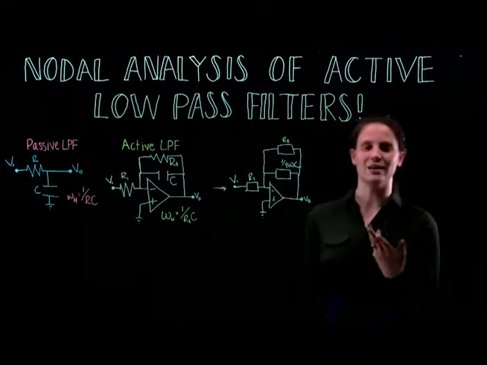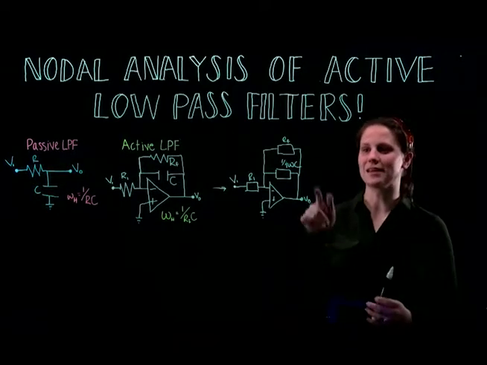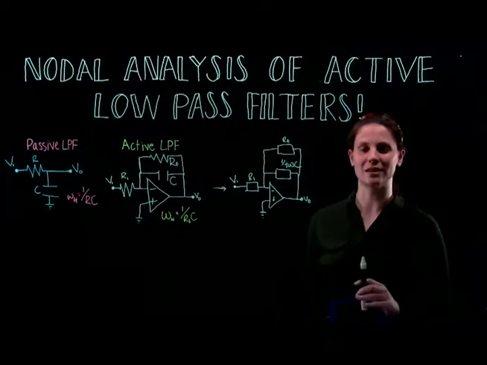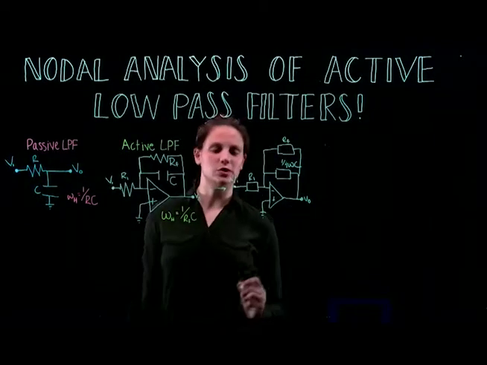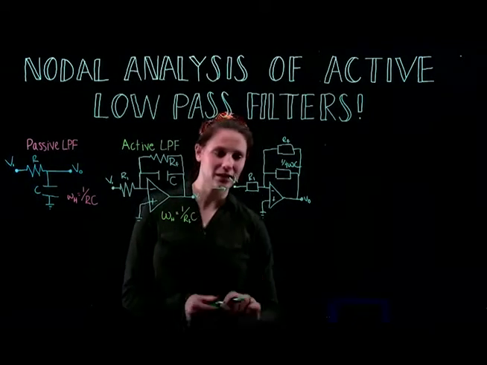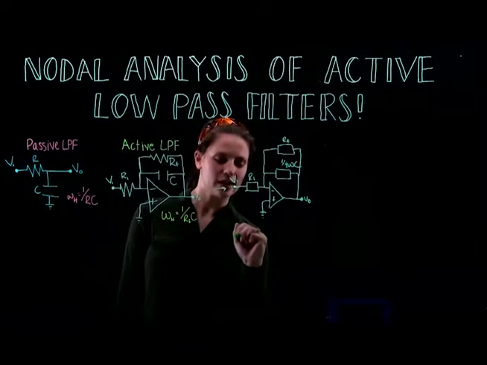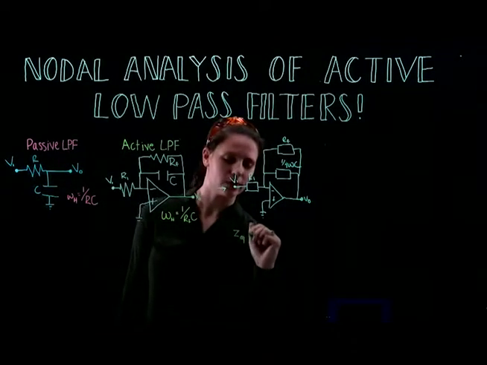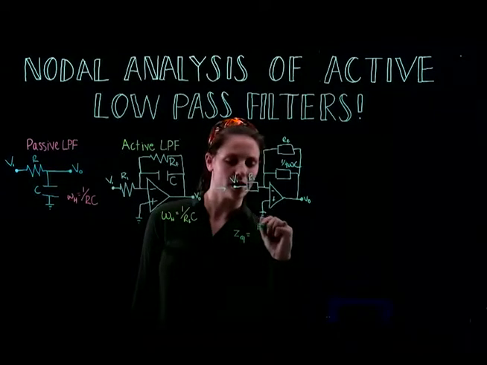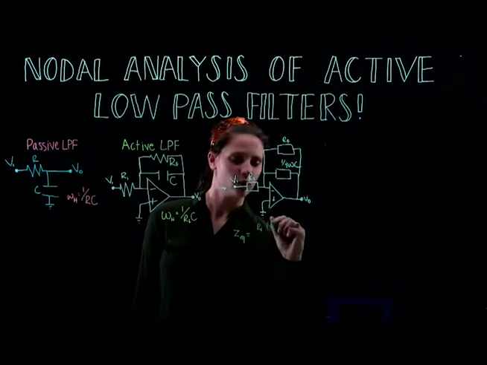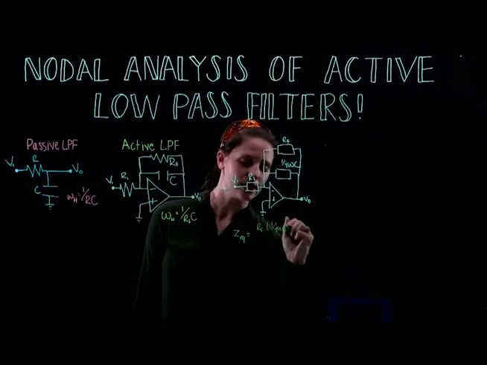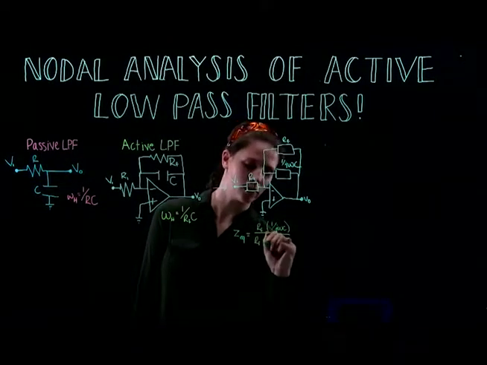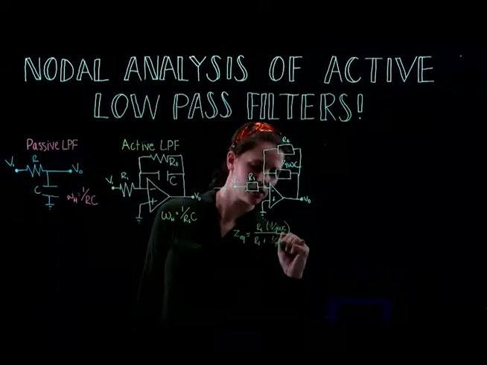Okay, now that we have this, something that we can do pretty easily is combine this impedance and this impedance. We're just going to use an equivalent impedance formula. So we'll do that right down here in green. So our ZEQ is going to be equal to our RF times 1 over JWC divided by RF plus 1 over JWC.